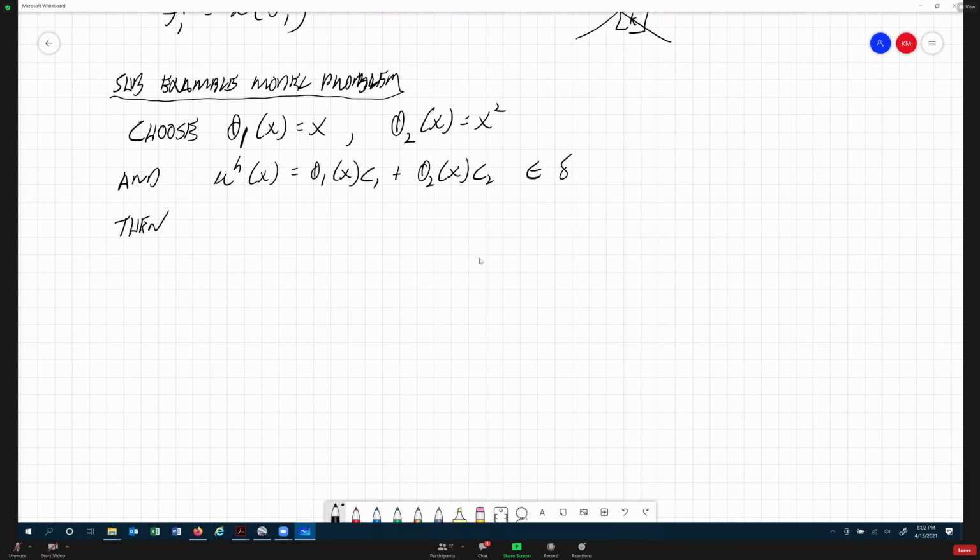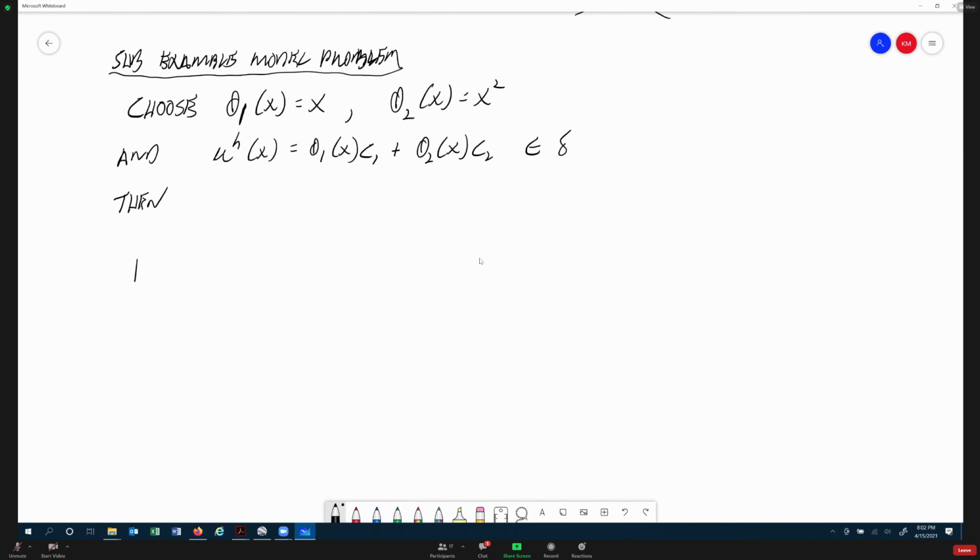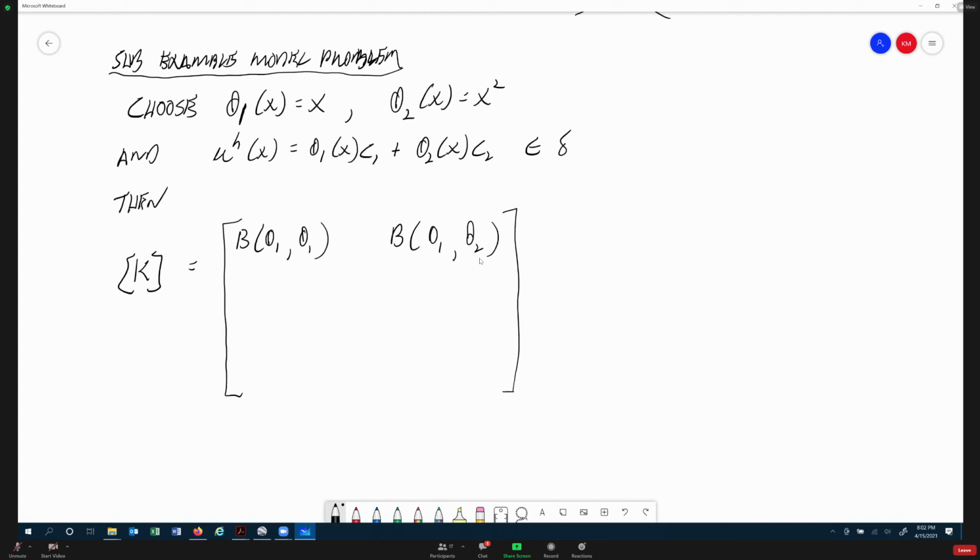And in that particular case, our K matrix would look like B of phi 1 comma phi 1, B of phi 1 comma phi 2, and B of phi 2 comma phi 1, and this is symmetric.